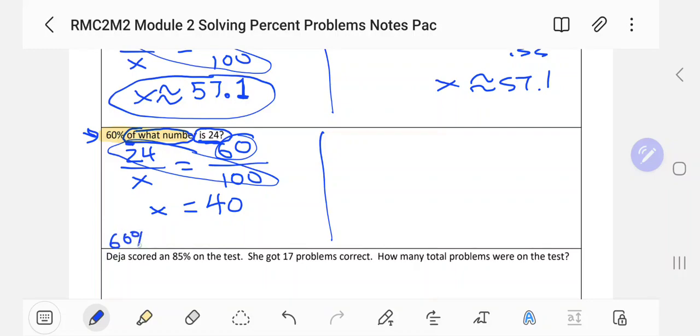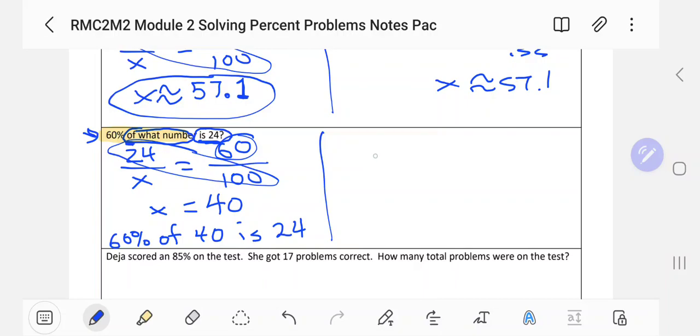We got 60% of 40 is 24. Makes sense because 24 is a little bit more than half of 40, and 60 is a little bit more than half of 100. So that makes a lot of sense to me.